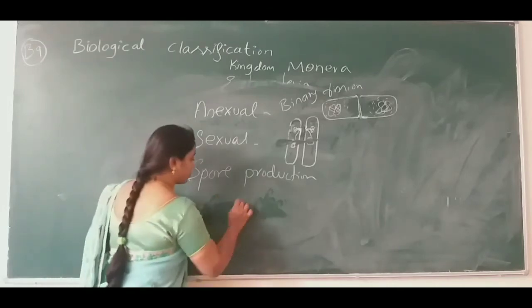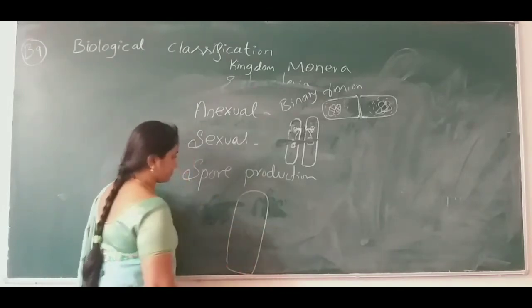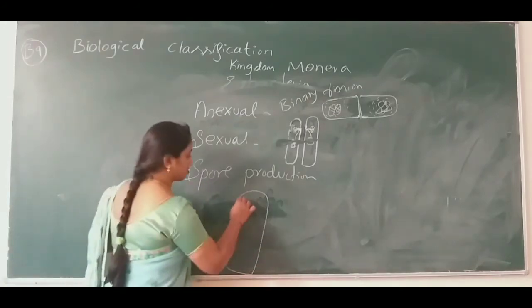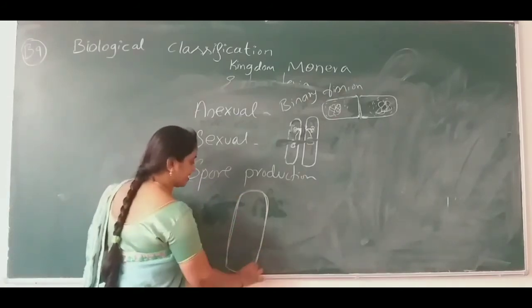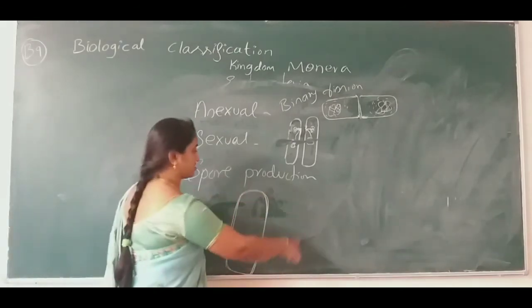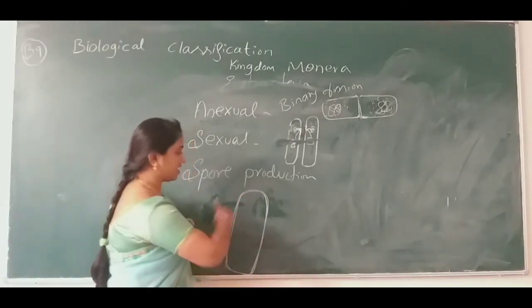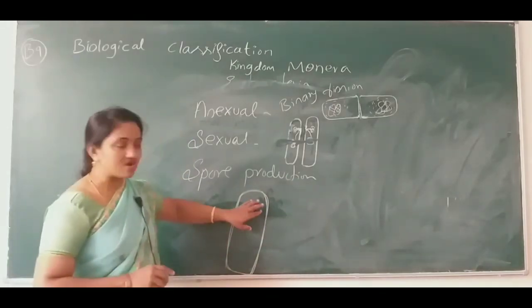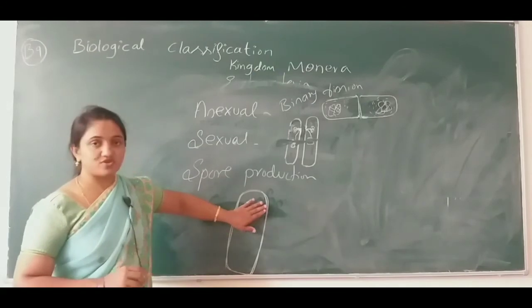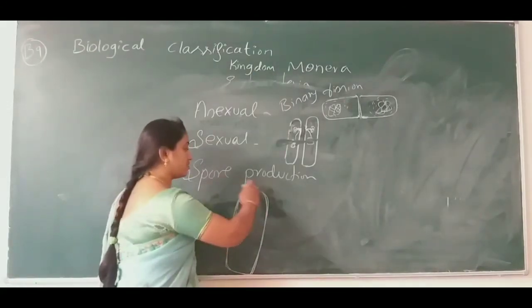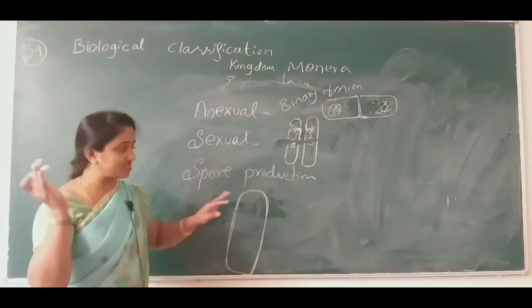Okay, so consider one more bacterium. Here I am telling you about spore production. If it is in an unfavorable condition, where the environment is not suitable for it, it doesn't reproduce, and the metabolic changes will not take place inside the cell.